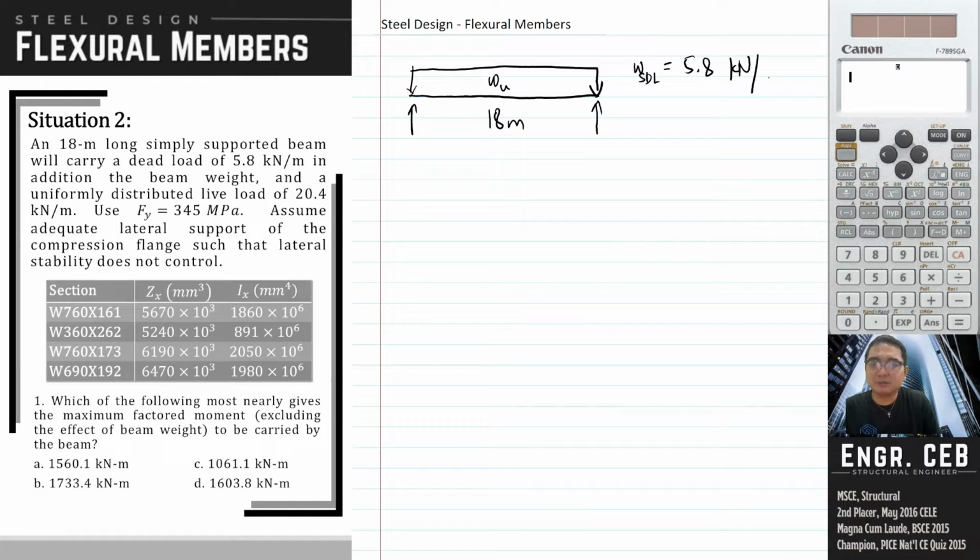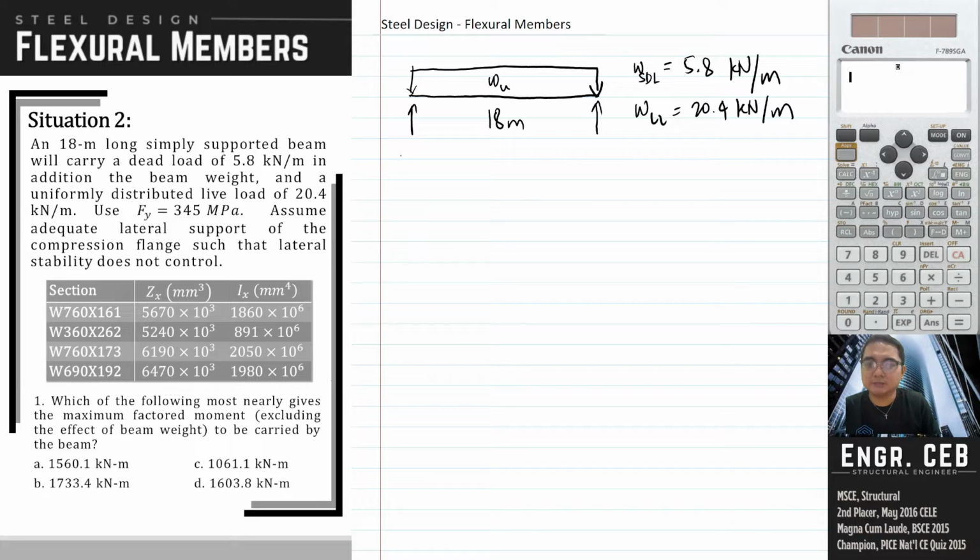By the way, this is superimposed dead load because the beam weight is not yet included in this value. And then the live load is 20.4 kilonewton per meter.